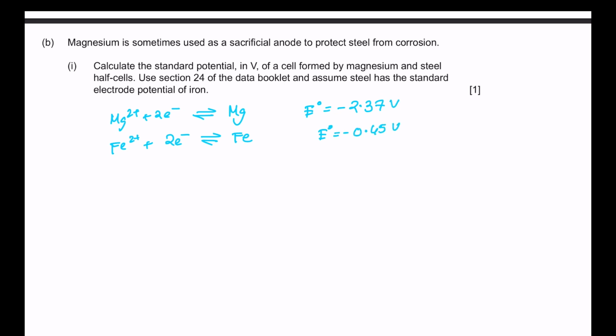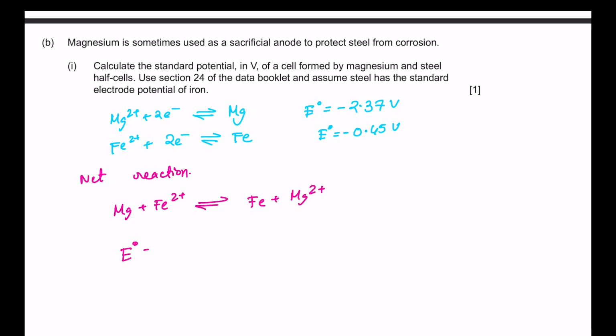So if I just write them here, Mg2+ + 2e- gives us Mg. The E naught value will be -2.37 V. And Fe2+ + 2e- gives you Fe. The E naught value is -0.45 volts. Now if I look at the net reaction for the cell formed by magnesium and steel, it will be Mg + Fe2+ giving Fe + Mg2+.